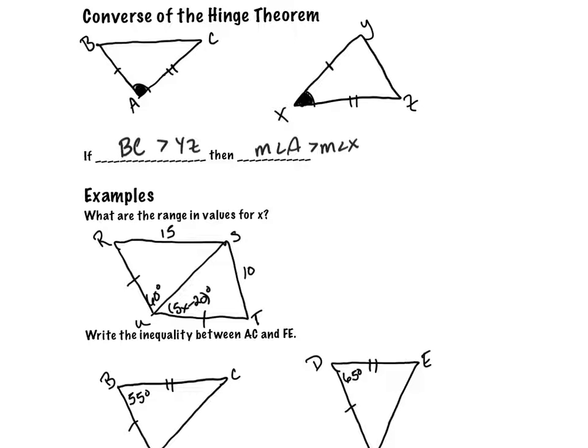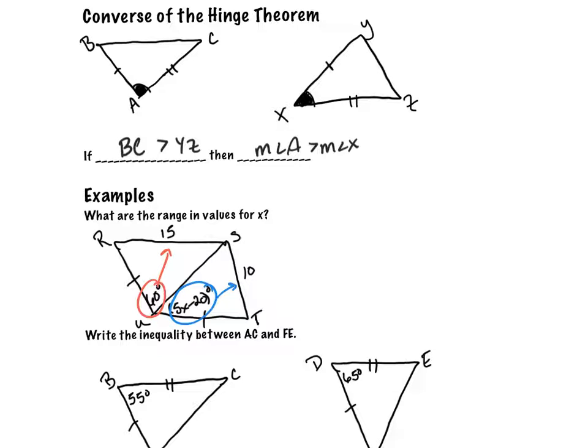So this first one wants to know what the range of values of x is. This is kind of like what we talked about with the range of values for making a triangle on Thursday. They're comparing this 60-degree angle, which corresponds to that 15, and this angle that's 5x minus 20, which corresponds to that 10.